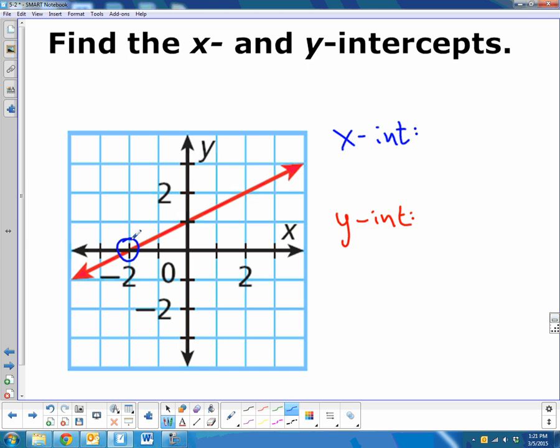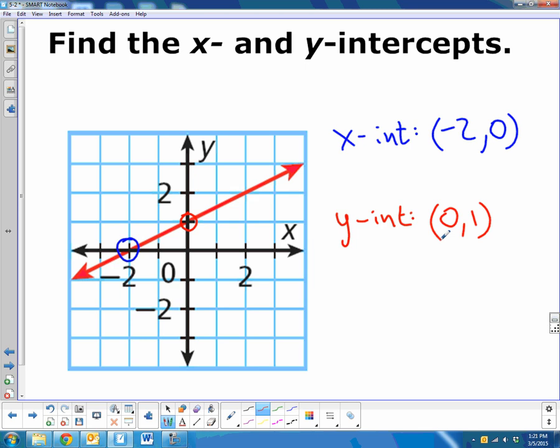So it intercepts at the point (negative 2, 0). So the x-intercept is (negative 2, 0). The y-intercept is where the graphed line intercepts the y-axis. So the y-intercept is going to be (0, 1). Okay, we found the x and the y-intercepts.